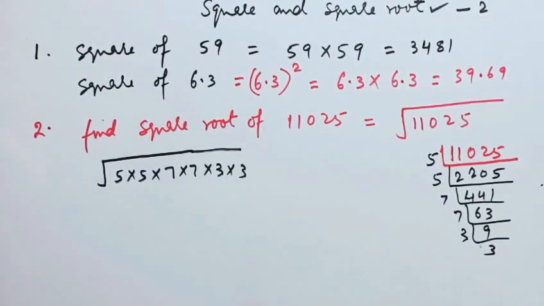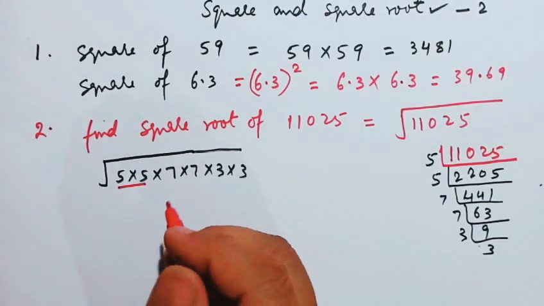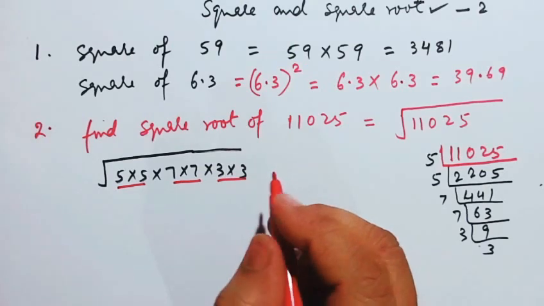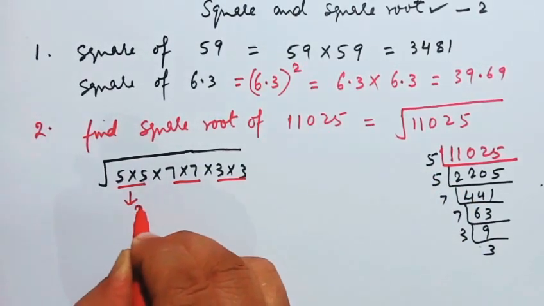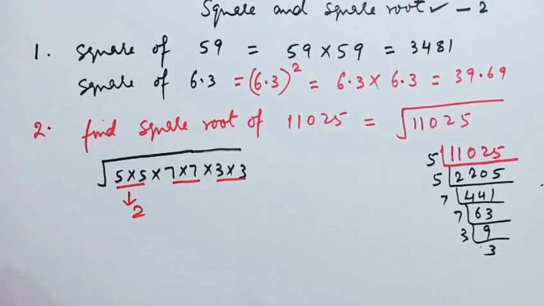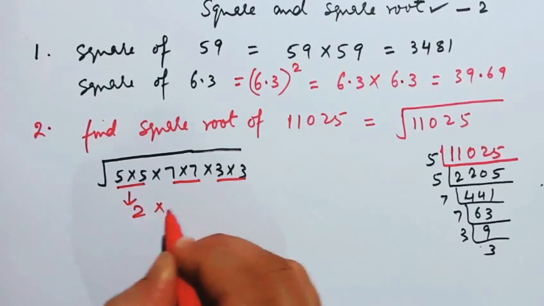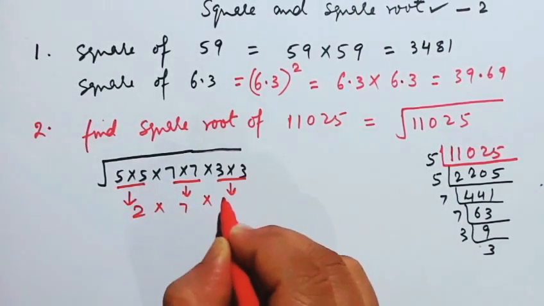Now I find that these numbers are in pairs. To find the square root, from every pair we will take 1. Here we will take 5, here 7 and here 3.